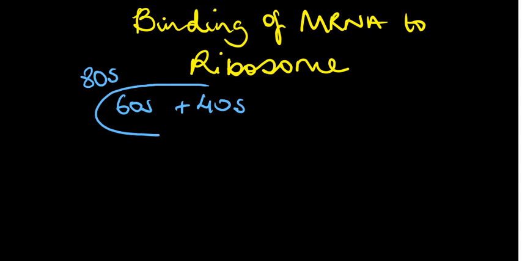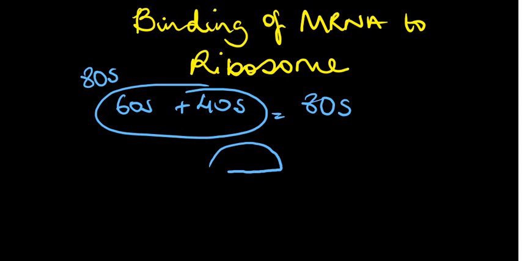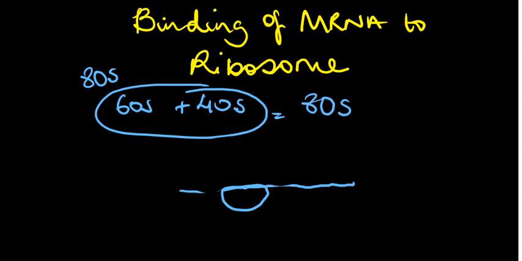So these two combine to make the full complete ribosome, which is the 80S. We'll have this happening, the large subunit and the small subunit. They have to come together. So the messenger RNA binds to the smaller subunit first.